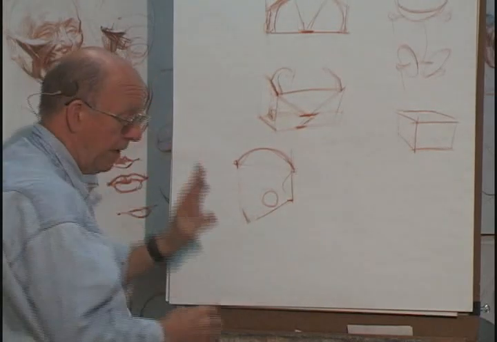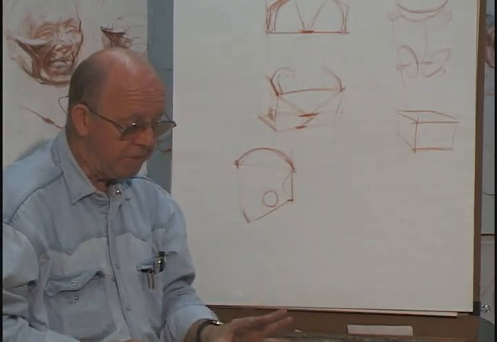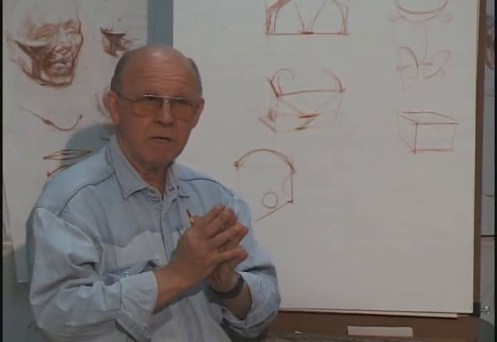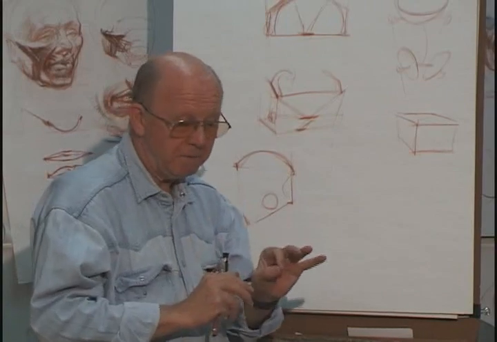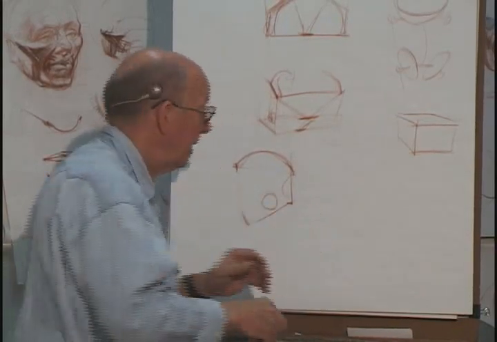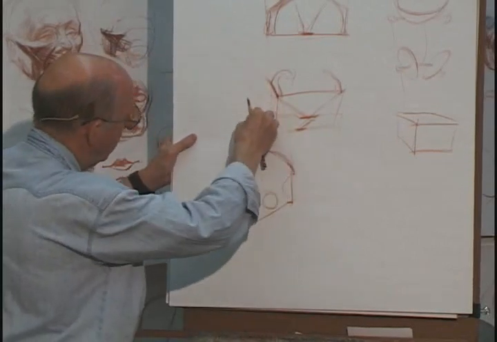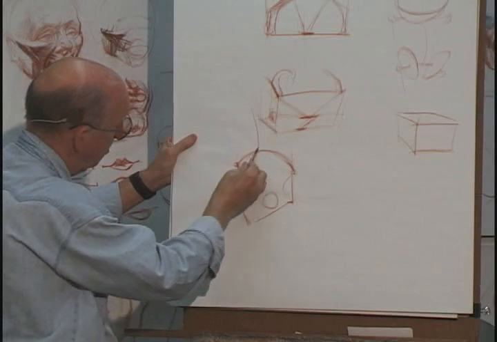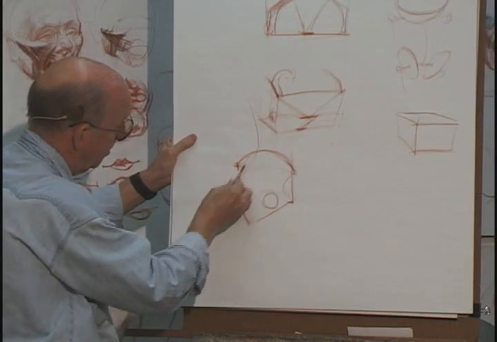Now, one of the things I think a lot of times we don't realize, and it's something I really became aware of in dealing with animal drawing, is how our spine curves and comes at an angle this way.